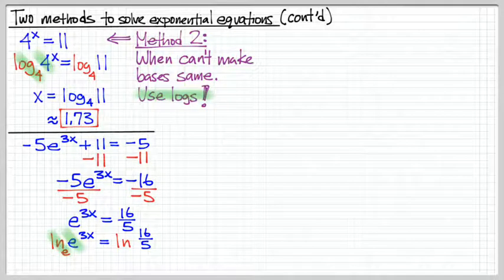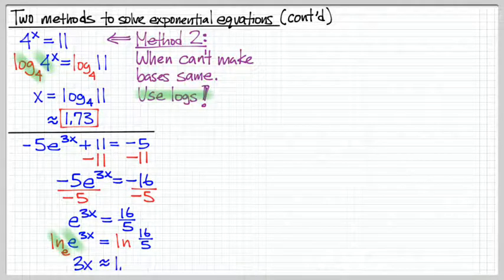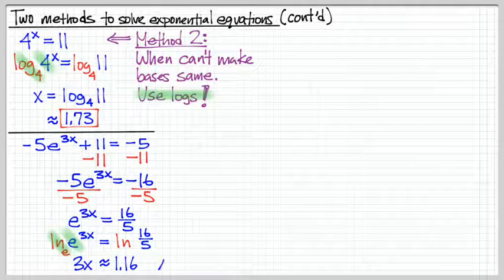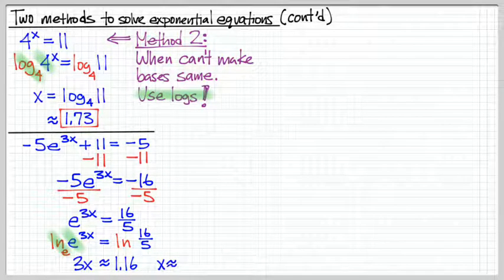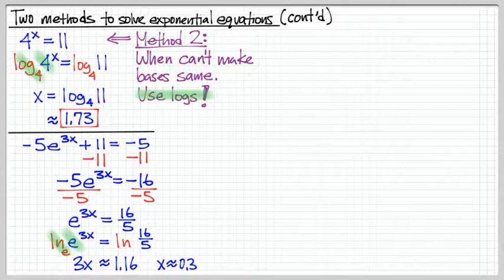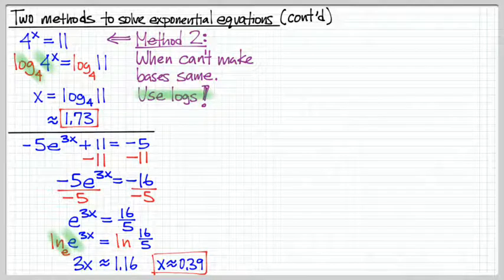And so now the left-hand side becomes simply 3x is equal to the natural log of 16/5. And we can punch that into a calculator. Becomes 1.16. Divide by 3, and we find that x is equal to 0.39.